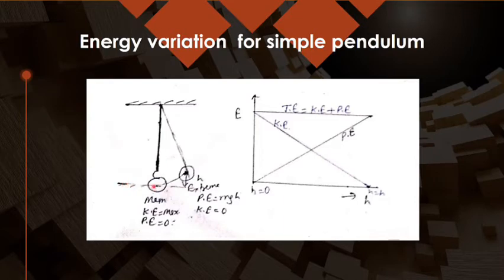The line passing through the mean position will be taken as the reference line, and you are taking it to the extreme position, it means you are raising it through the height h, so the potential energy will be equal to mgh, and here the kinetic energy at the extreme position is 0. When it comes back to the mean position, potential energy becomes 0 and kinetic energy becomes maximum. This is only one side I have shown. Of course, if you want to show the other extreme, you can extend the things.